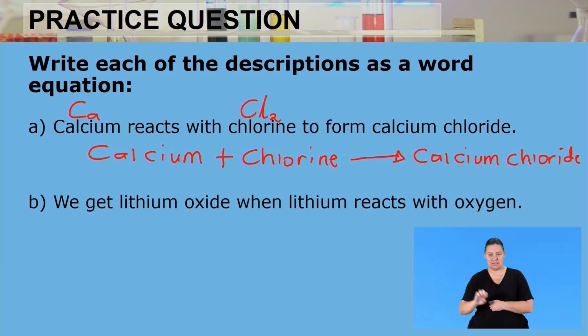Calcium chloride. Then we are also told that we get lithium oxide when lithium reacts with oxygen. So the lithium oxide is what is produced when lithium reacts with oxygen. Therefore, lithium oxide is the product. Then the reactants are the lithium and oxygen.